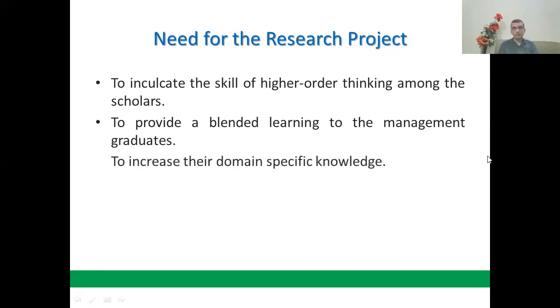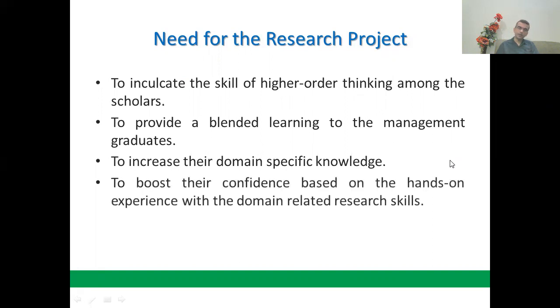Then this research project also helps to gain domain specific knowledge. This domain specific knowledge may be related to an area of specialization, maybe finance, marketing, HR, entrepreneurship, or any other specialization. So it helps to increase the knowledge of the students or scholars related to that area.